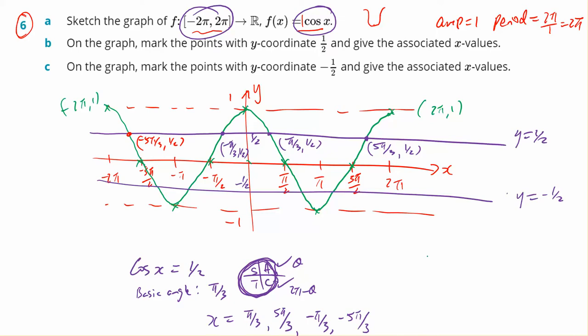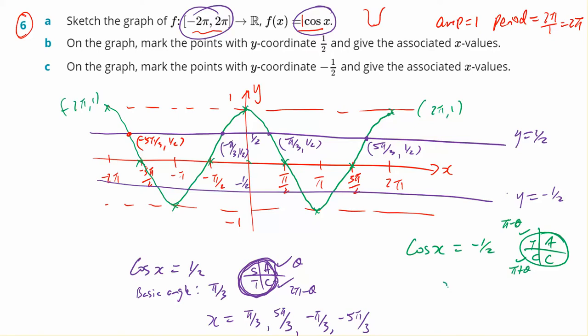Similarly for the next section, part C, you're trying to find cos x equals negative a half. Now, cos is negative in the second and third quadrants. Okay, so that's pi minus theta, and this is pi plus theta.